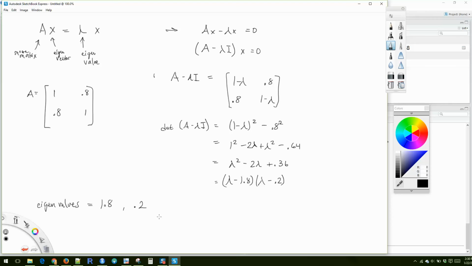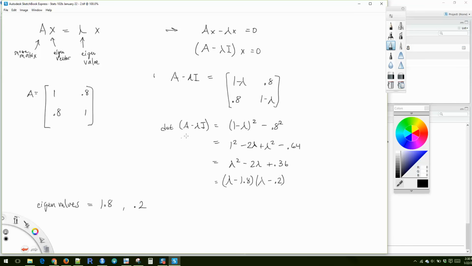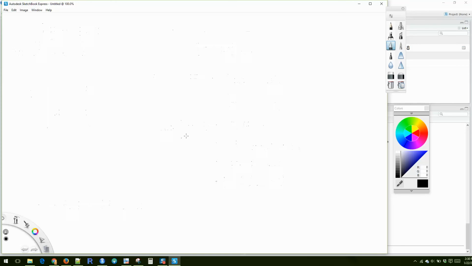Then we can go back and try to solve for our eigenvectors. We still have Ax, so we'll try with one of our first ones.